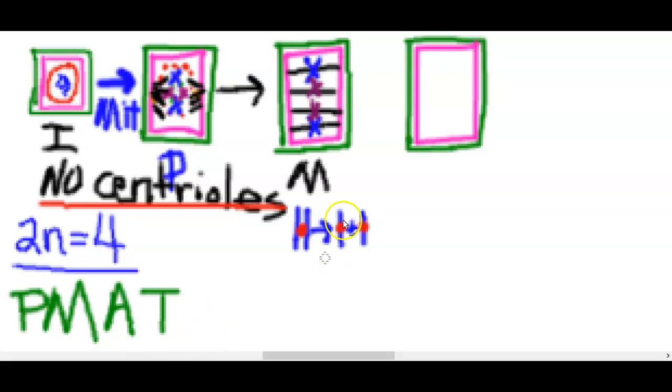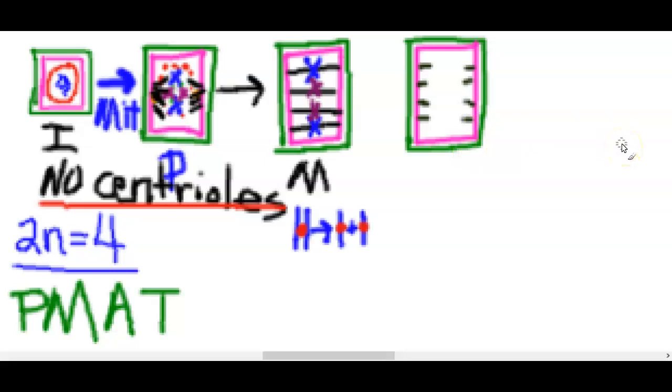Just as in our other picture, the spindles are going to shorten. And right here, the dyads are going to become monads.